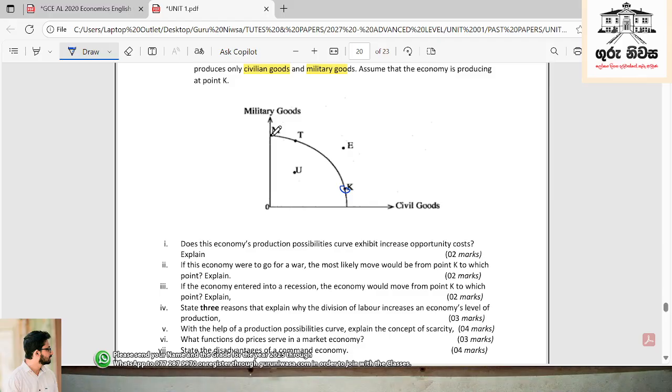What are the two goods, kids? Military goods and civilian goods. These are the points given. What are the points, kids?